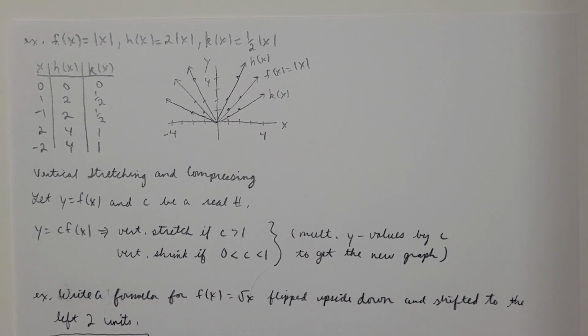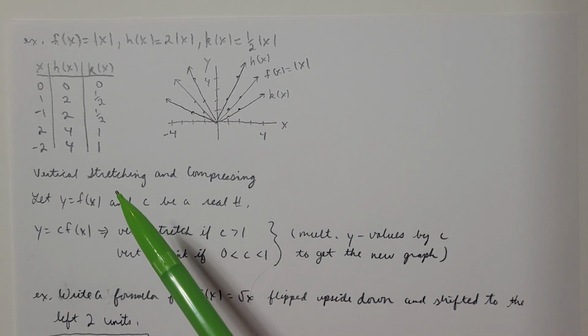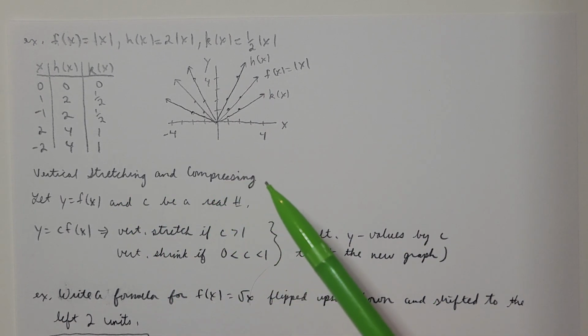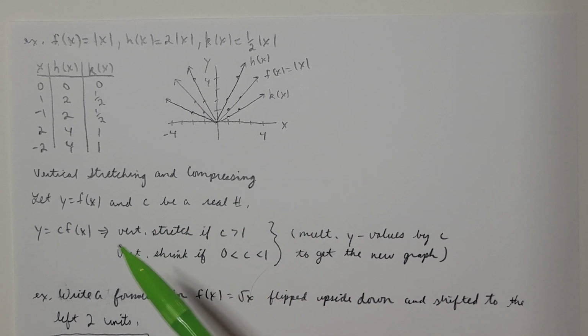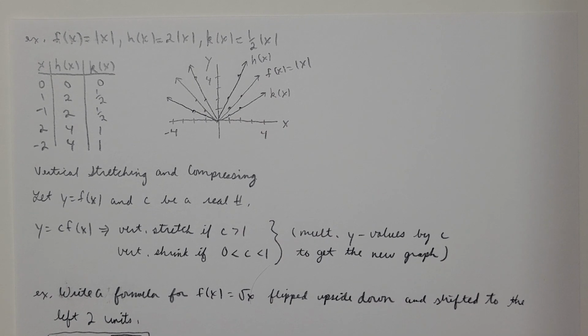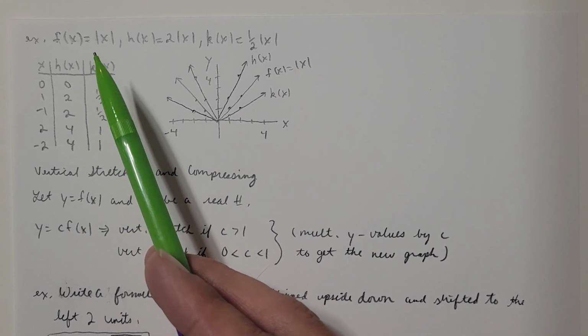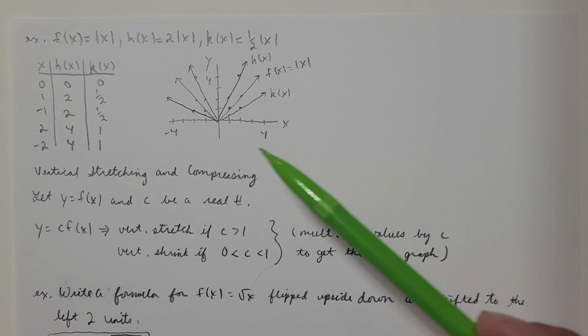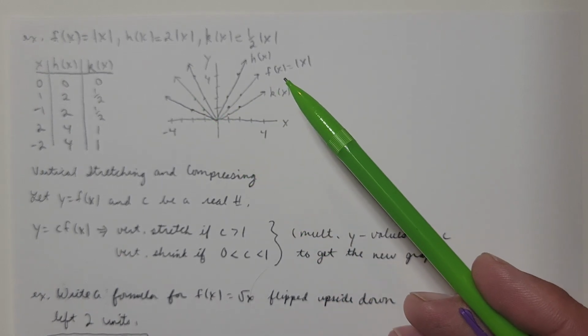Okay. Now we're going to talk about vertical stretching and compressing of a graph, or compressing and shrinking of a graph is the same thing. And for this problem, suppose I have the absolute value function. That's a V-shaped graph centered at the origin.